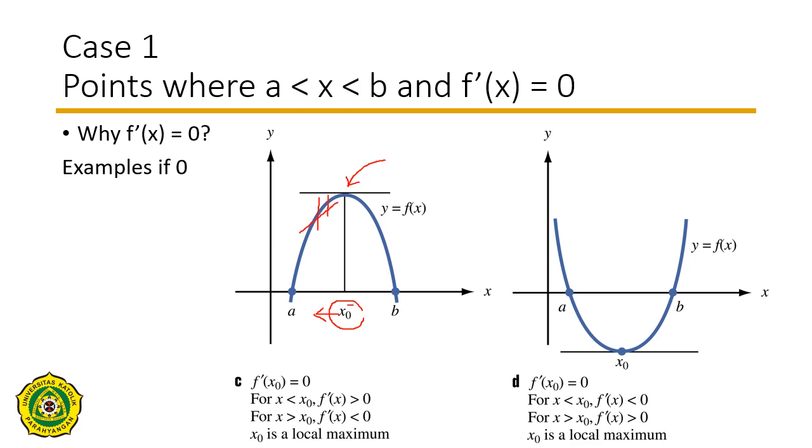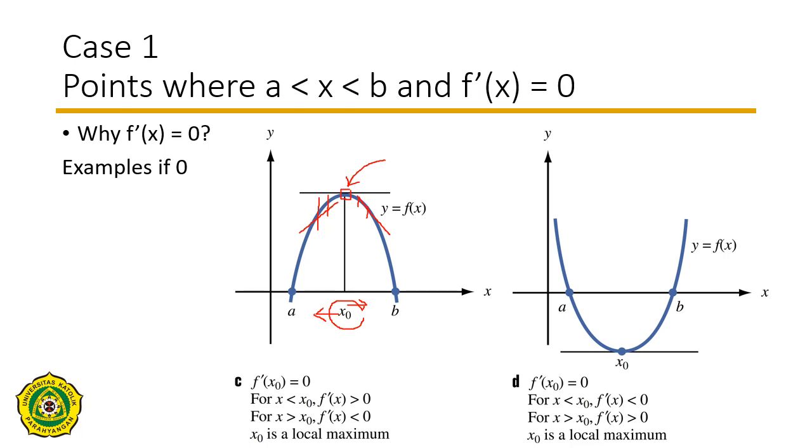And for the points after x0, the slope is decreasing. So increasing, flat, and then decreasing, it means that the point experiencing a flat slope is a local extremum. In this case, it is a local maximum.